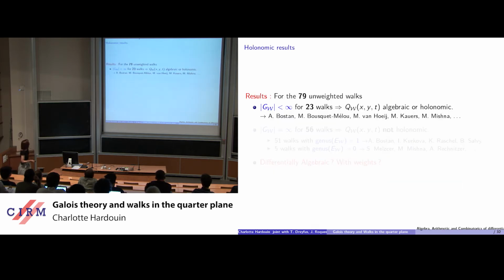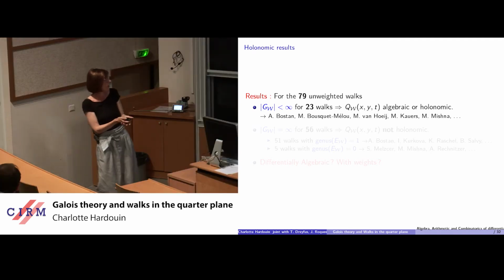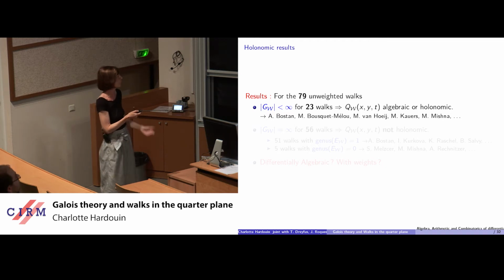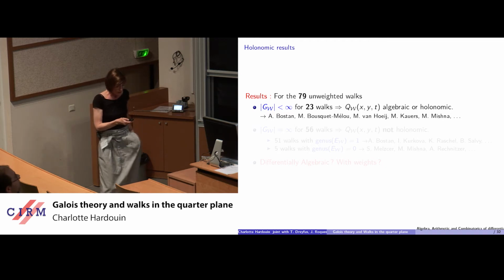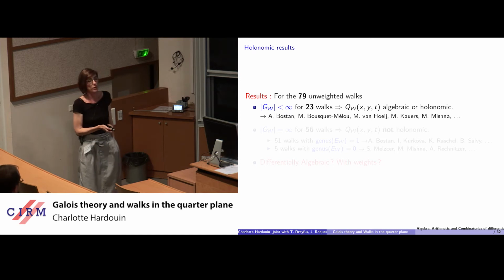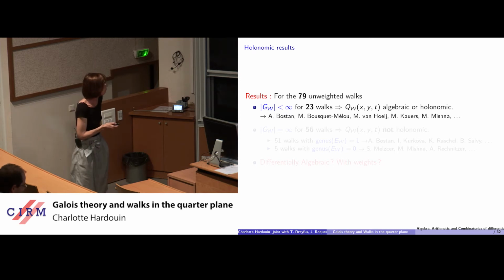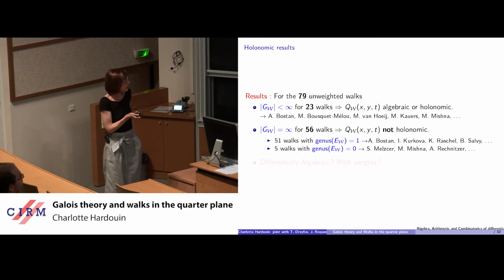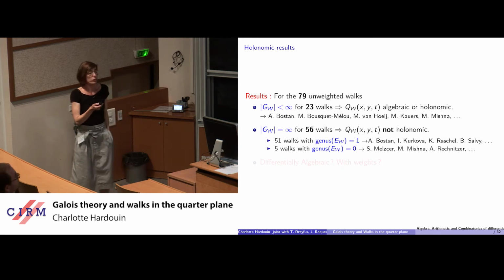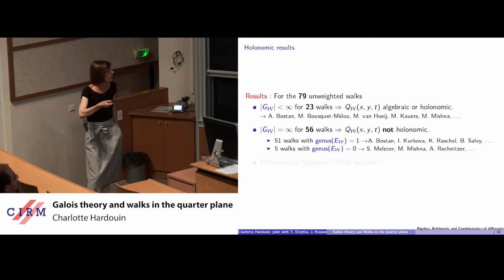Just to recall the previous results: for the 79 unweighted walks, when the group of the walk, the group generated by the automorphism, is finite, which happens for 23 walks, the generating series was shown to be algebraic or holonomic. When the group is infinite, it was shown that the generating series is not holonomic.